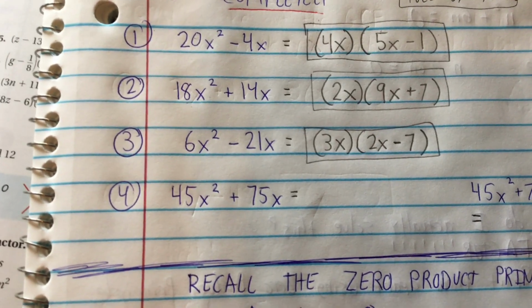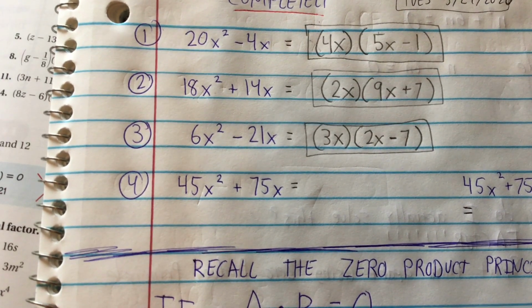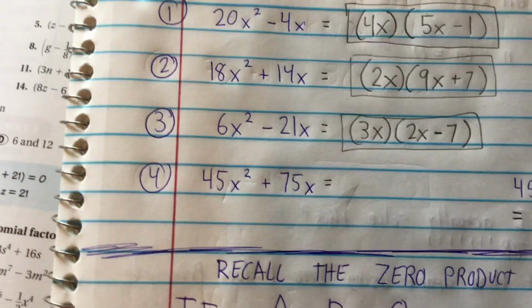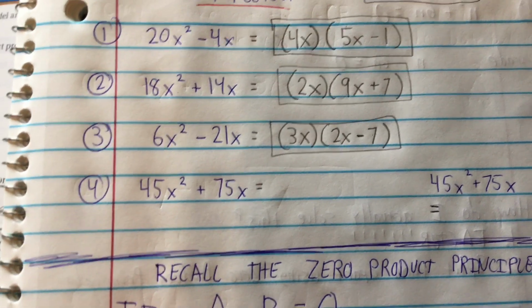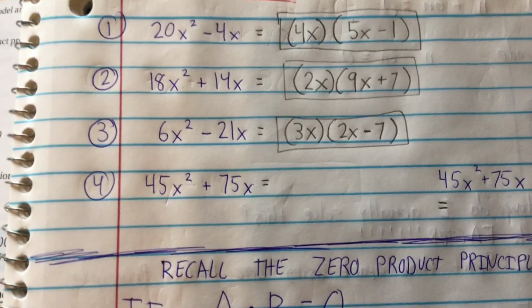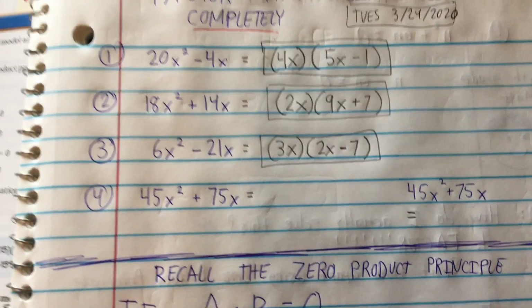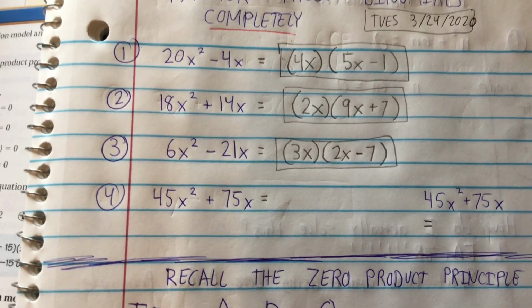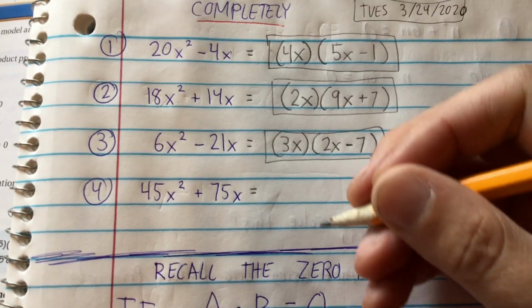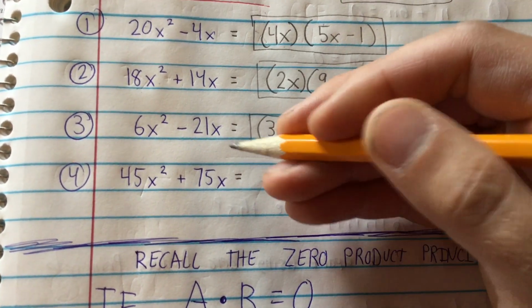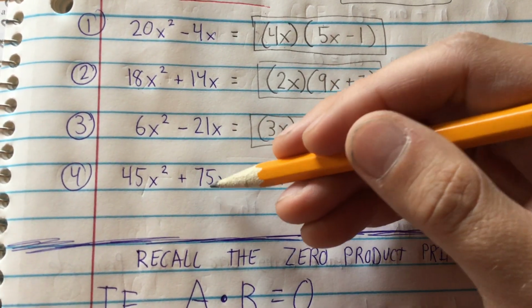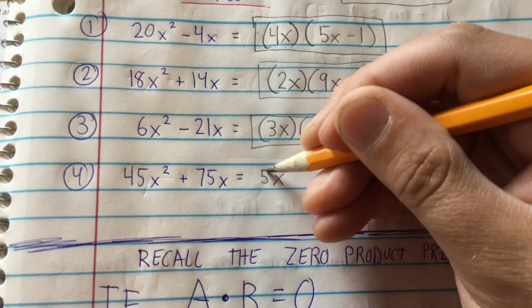Oh my God, what's the GCF of 45x squared and 75x? Well, if it helps you to factor out piece by piece, once again, factor and factor until you cannot factor anymore. Let's just say I approach this in your shoes. I would get scared of this and say, okay, well, I know I can take out an x. They both have a digit of 5, so I know I can factor out a 5x.